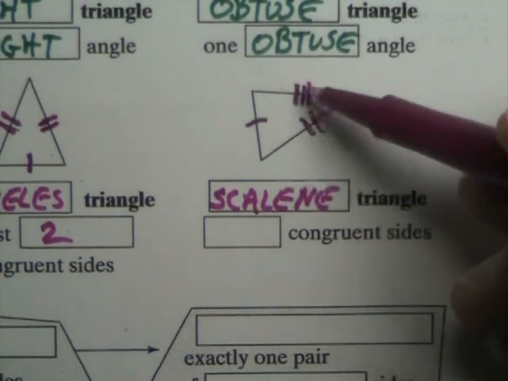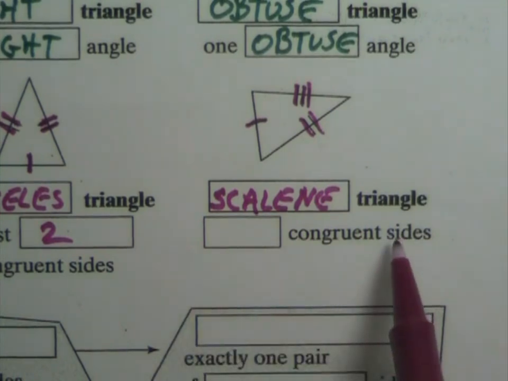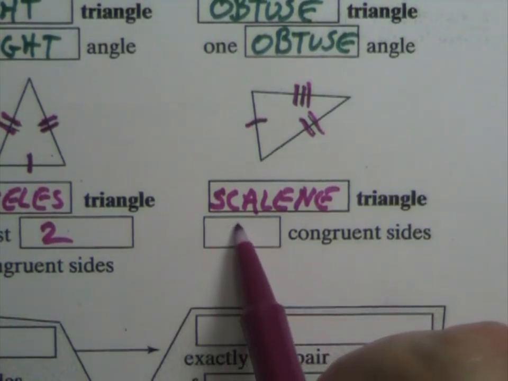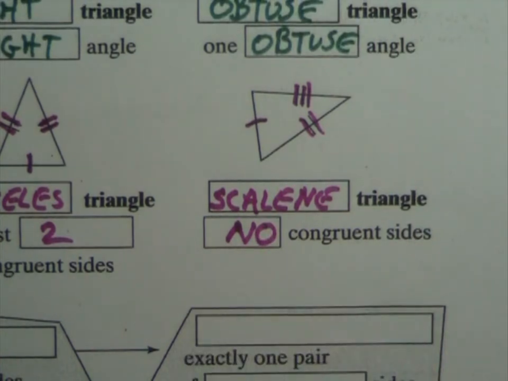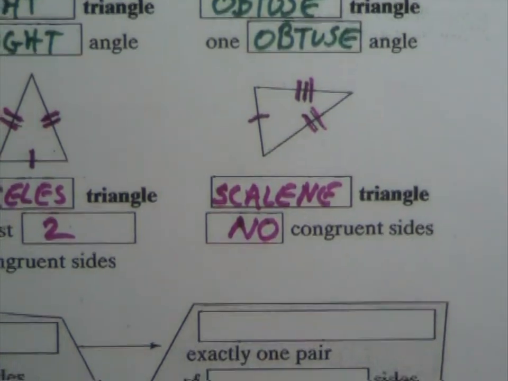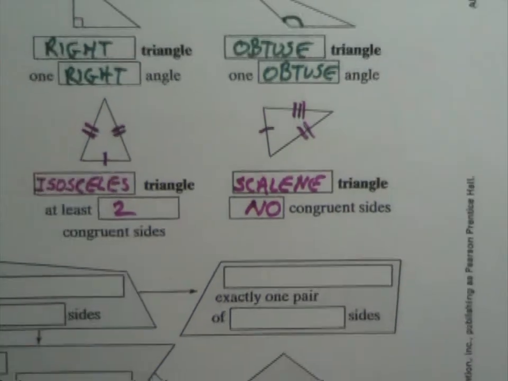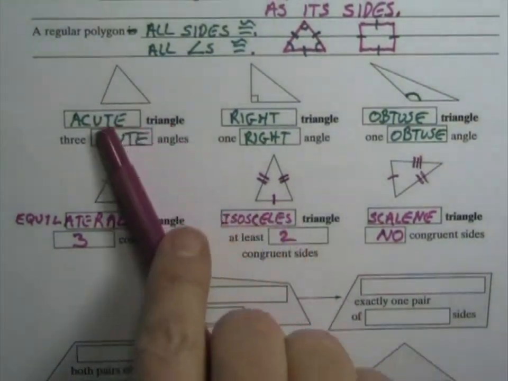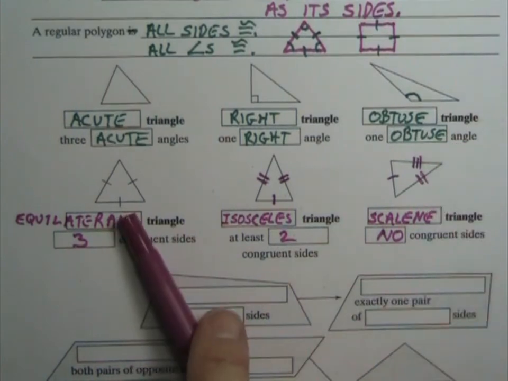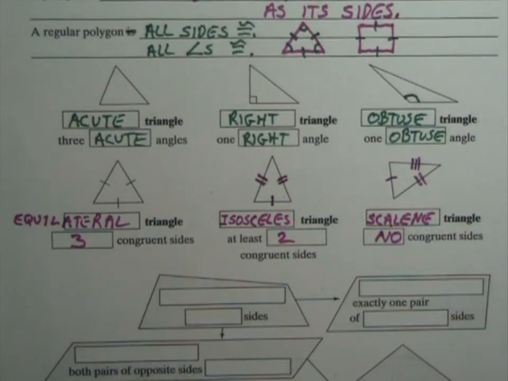They're different side lengths. So how many congruent sides does it have? Well, I'll say none, or no congruent sides, or 0 congruent sides. Okay, so you just classified our triangles by the angles in them or by the sides in them.